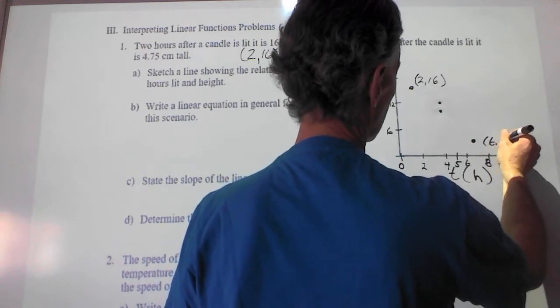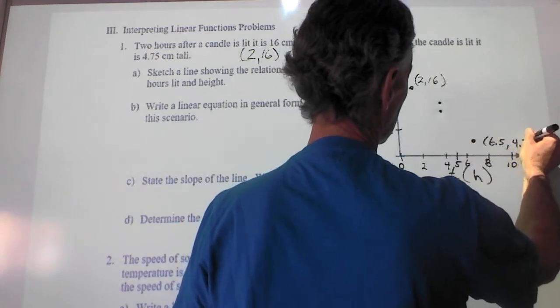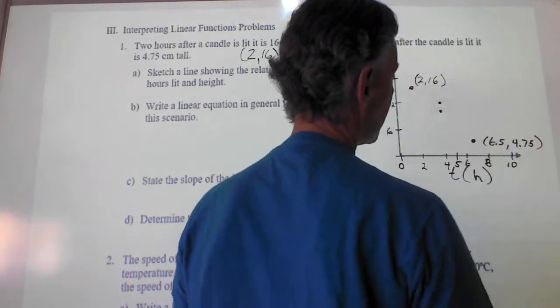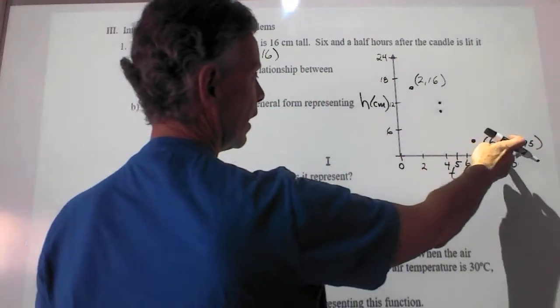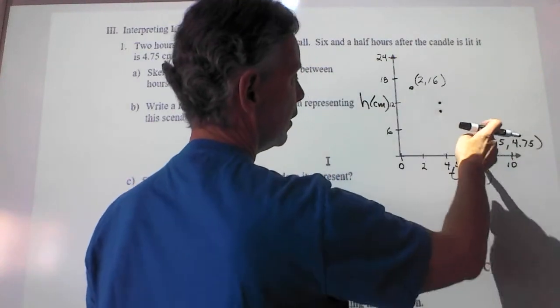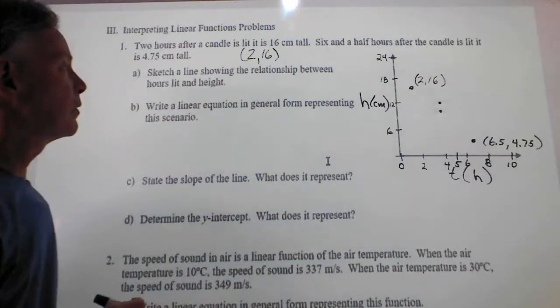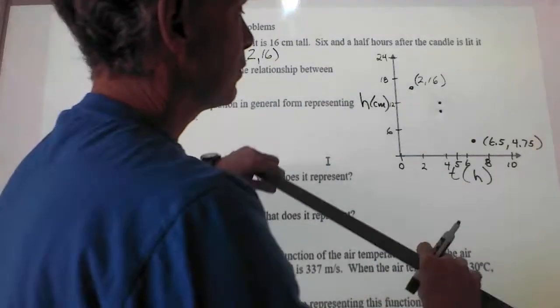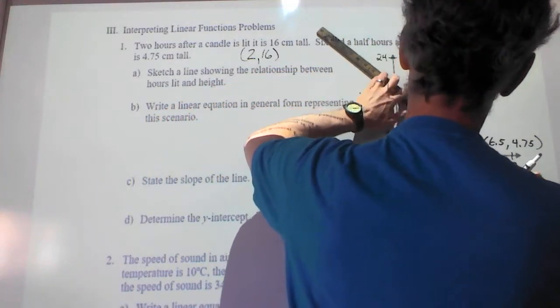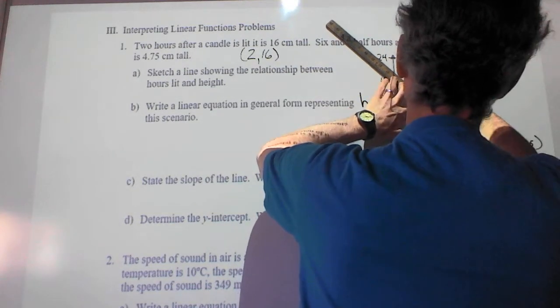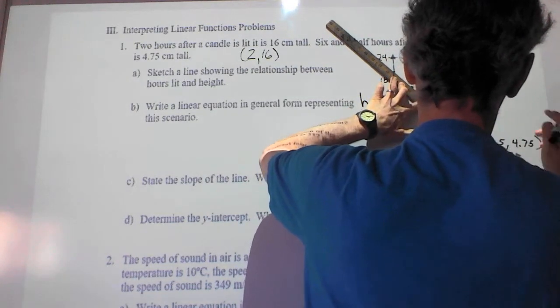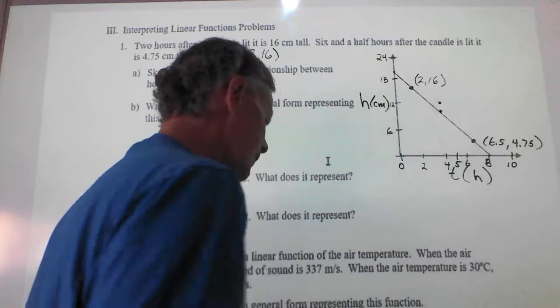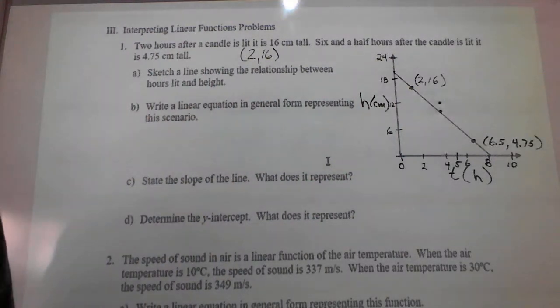So 6.5, 4.75 are our time and our height. We have 2 points. So, if we've got our 2 points plotted, all we have to do is join them. And there's our line. Okay?